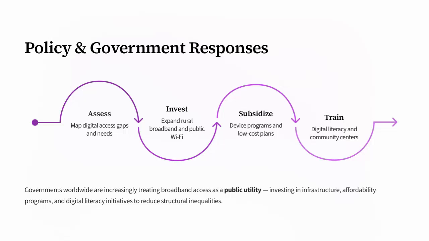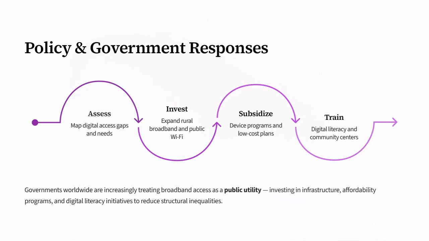This slide outlines 4 practical ways governments are responding to digital inequality. First, they assess the problem by mapping where access is limited and identifying community needs. Next, they invest in rural broadband and public Wi-Fi to expand reliable connectivity.